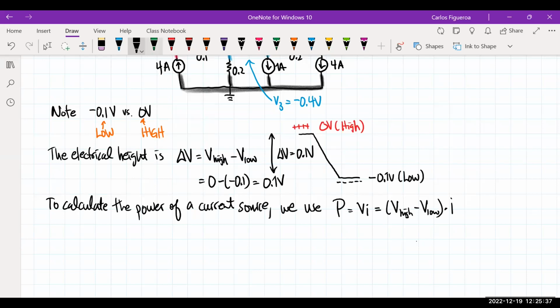So the key thing here is that it's the direction of I that determines passive versus active. So let's go look at that.